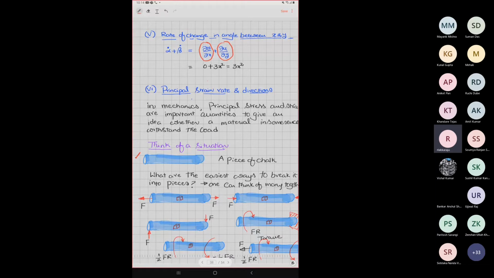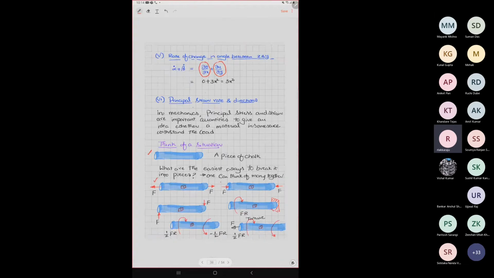So how does it break? Ever thought about it? How easy is it to break it in this way, where F is going out of the chalk, and how easy is it to crush a piece of chalk by pushing the F towards each other, or perhaps applying the same force on the ends, holding it on one side and trying to twist it, or holding it on the other side and oppositely applying the forces?